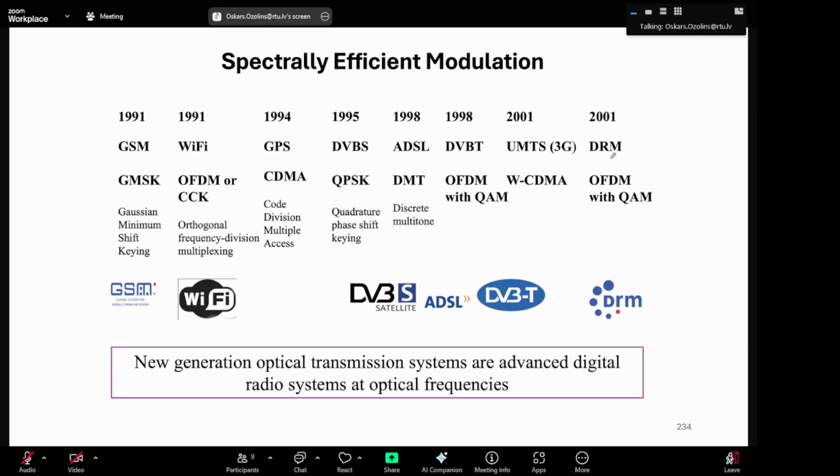And you see that these different systems have been using these modulation formats, and most of them are now used in optical communication systems.